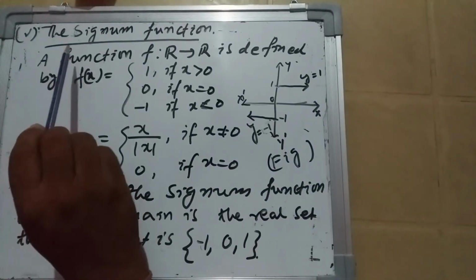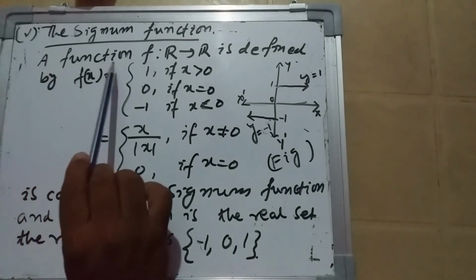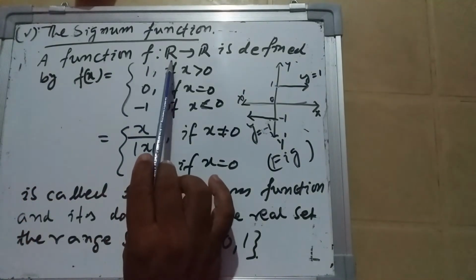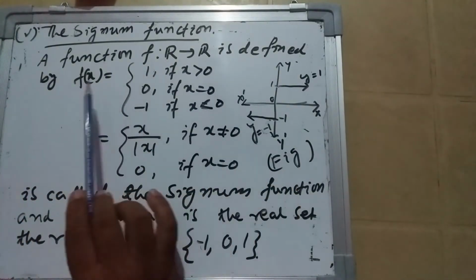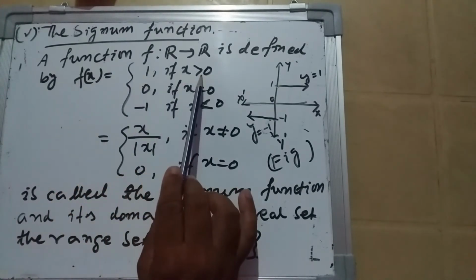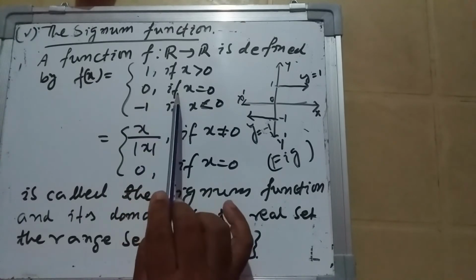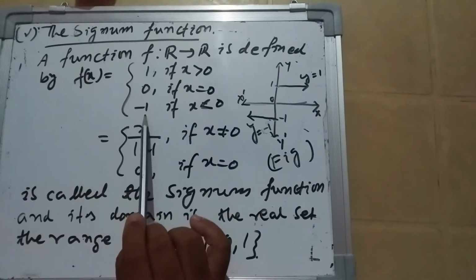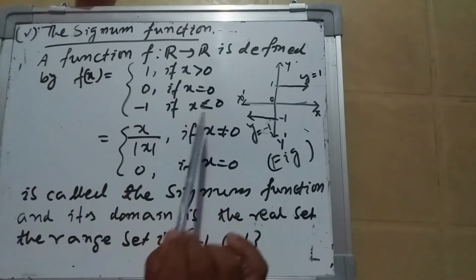Now come to the signum function. A function f from the real set to the real set is defined by f of x equal to 1 if x is positive, 0 if x equal to 0, minus 1 if x is less than 0.